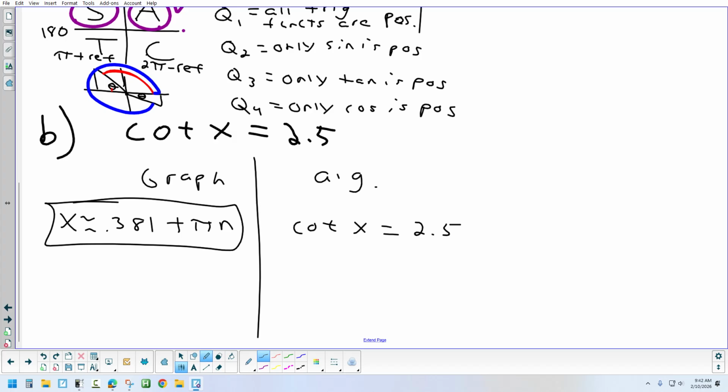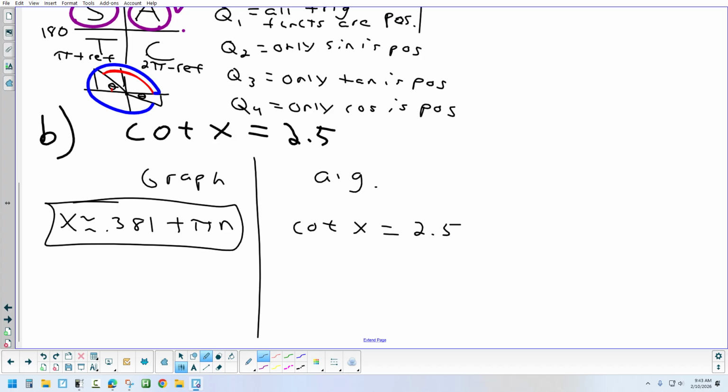So think about when we wrote these down, we wrote 6 of them at a time. Cotangent was across from which one? Yeah, tangent.